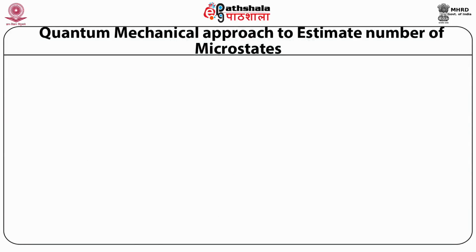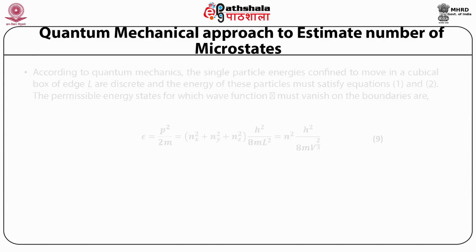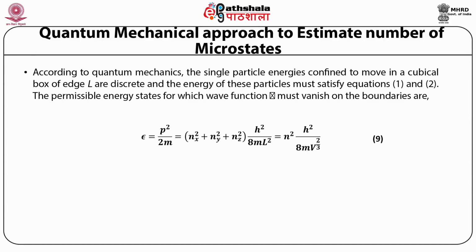Now we will look at the quantum mechanical approach to estimate the number of microstates. According to quantum mechanics, the single particle energies confined to move in a cubical box of edge L are discrete, and the energy of these particles must satisfy equations 1 and 2.